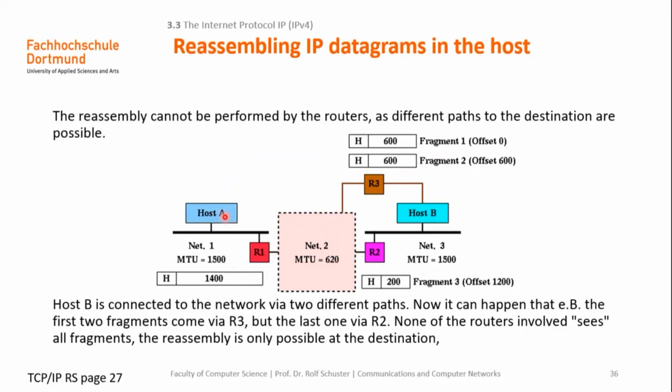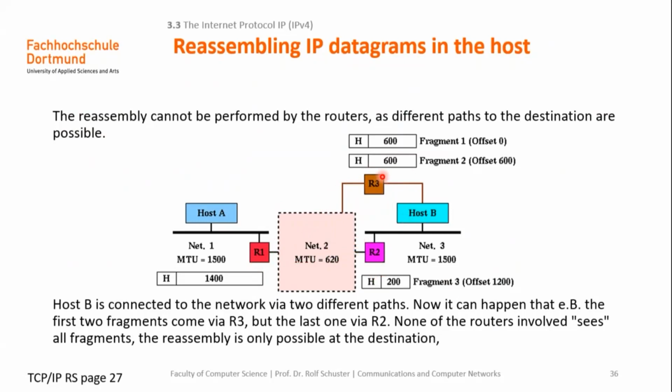In that way, this router could send some datagrams to host B across this route, that is this next hop, and other datagrams designated to host B across this other route, that is the next hop across this other router.